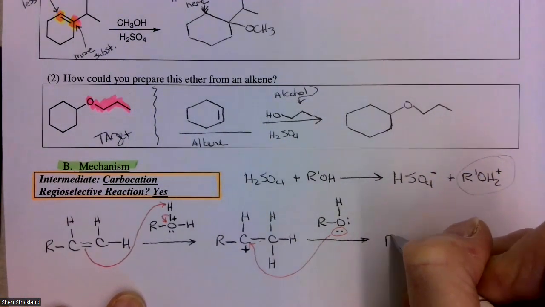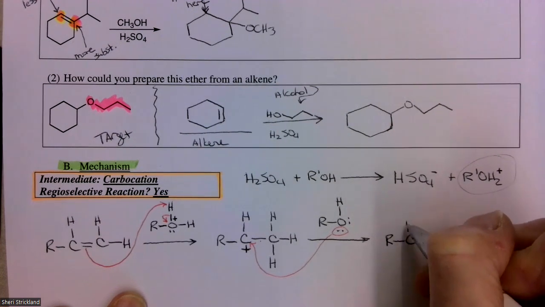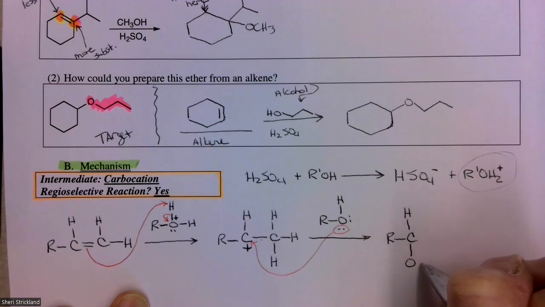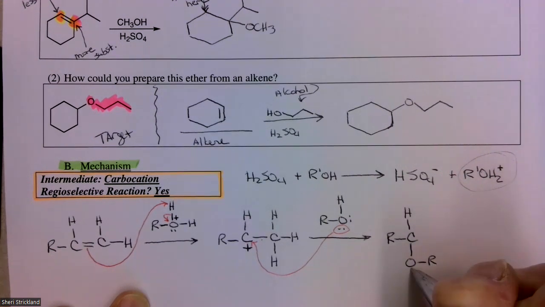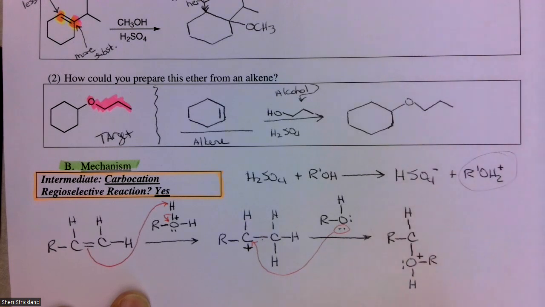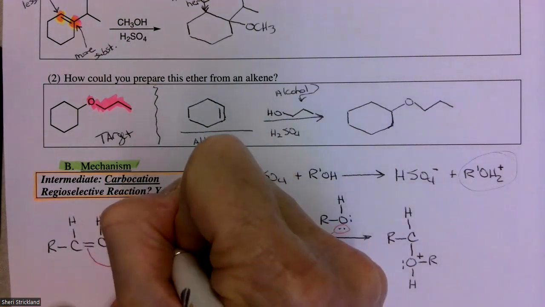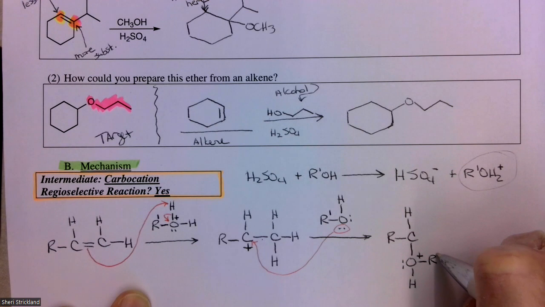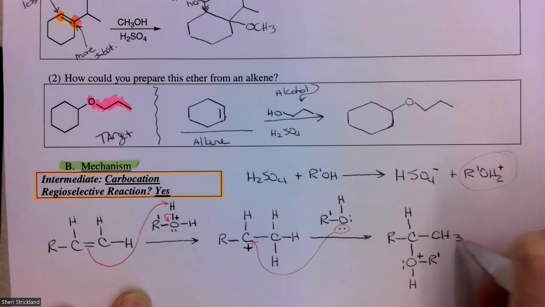All right. Then, since we had an uncharged nucleophile, it's coming with both of those things and still has a positive charge to it. And I think I'm going to do an R prime here just to say that they could be the same or they could be different. And we'll just tuck that back down.